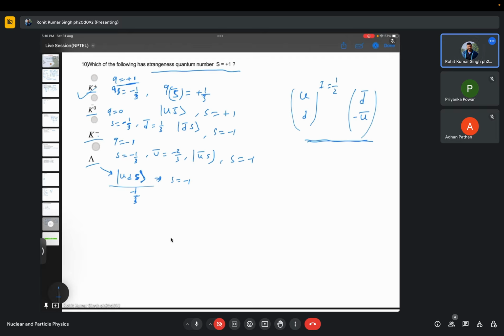But I think these are not very useful things. It is good to know this information, but in practical applications we don't have to remember everything.